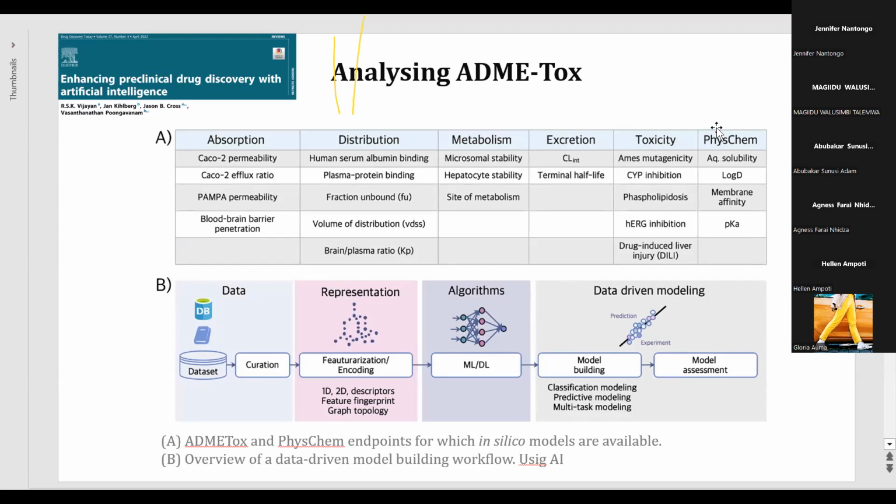And then you study the physicochemical properties. All these things can be done using AI. Here you compare with a database, then there is curation, then ML/DL, that is machine learning or deep learning, which is the artificial intelligence. You also do these experiments in vivo, and you can also do them by artificial intelligence.